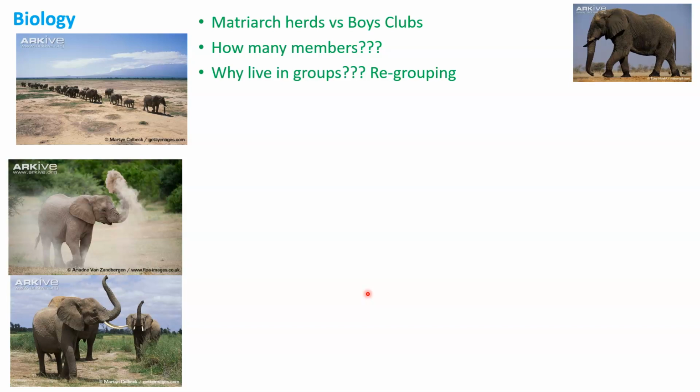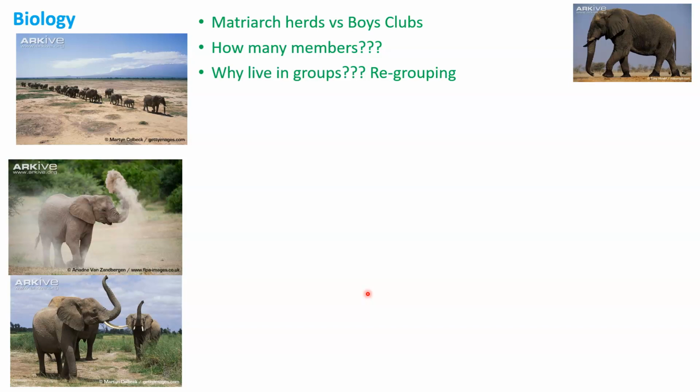They could be sisters, daughters and moms. If you are a female, you could actually have daughters of your sisters in that particular group as well. So there is a biological kinship, a close kinship in the matriarchal herds. In boys clubs, that's not the case.